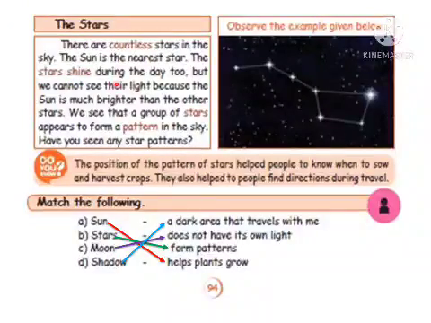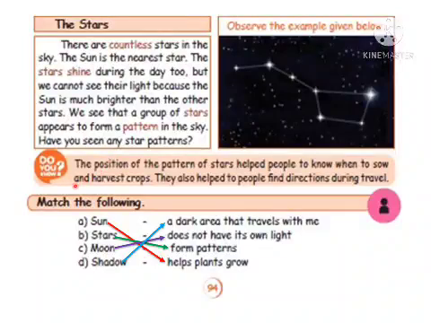The stars shine during the day too, but we cannot see their light because the sun is much brighter than the other stars. We see that a group of stars appear to form a pattern in the sky. See the picture. Have you seen any star patterns?